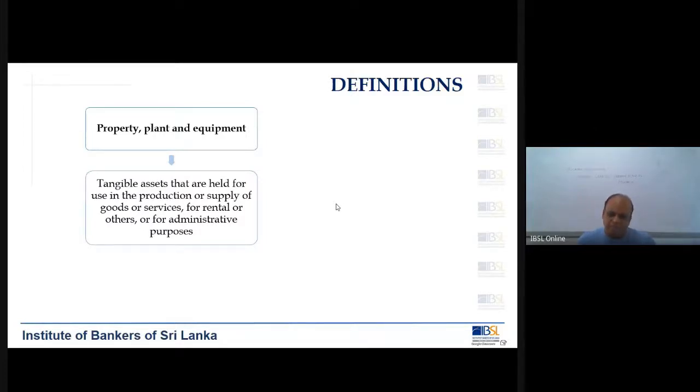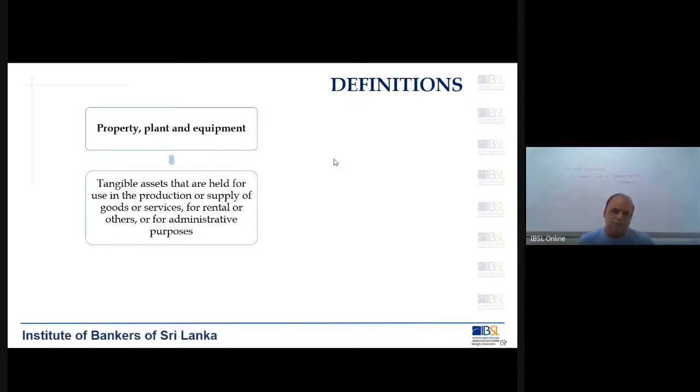Now this computer, I can touch it and see it is a computer. It's a keyboard. It's a mouse. All these items are accessories to the computer. So we know that you can touch and feel. And why are these being used? Yes, it is being used for the purpose of production or supply of goods or services.